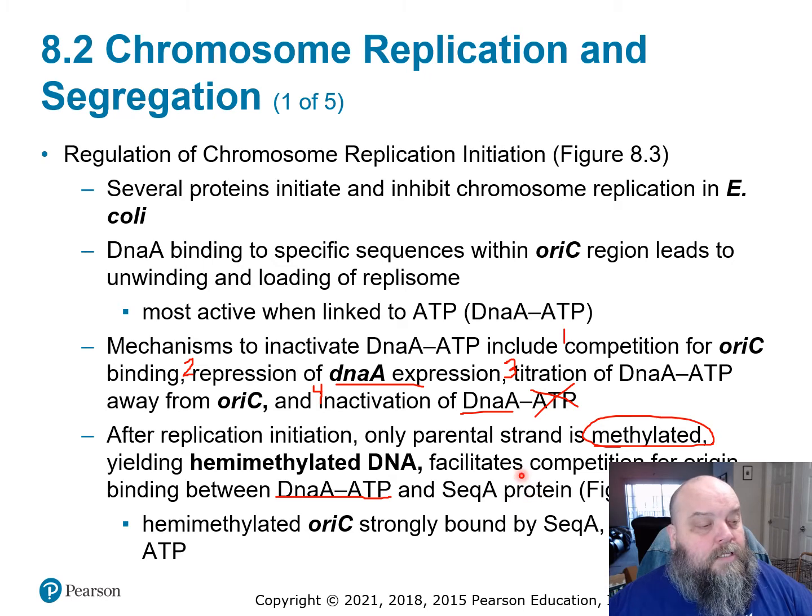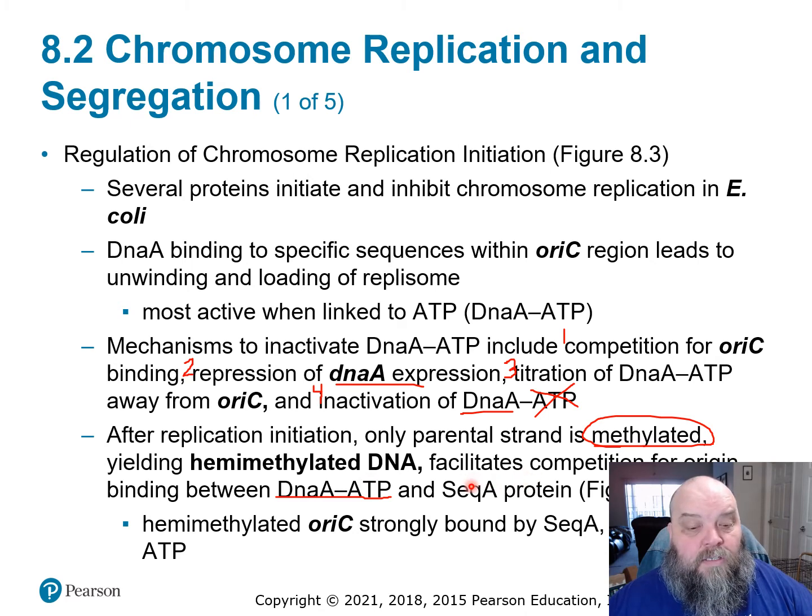Yeah, so that's what we'll call it, CQA protein. This has an affinity for this hemimethylated DNA. Also, it turns out CQA has a much higher affinity for hemimethylated OriC, which DNA A-ATP kind of, sort of, but not really has an affinity for.